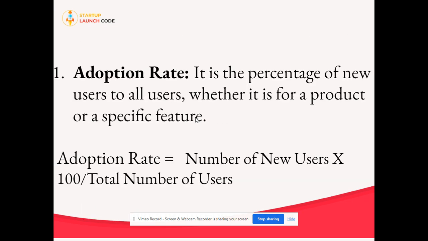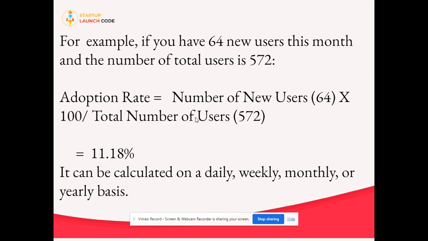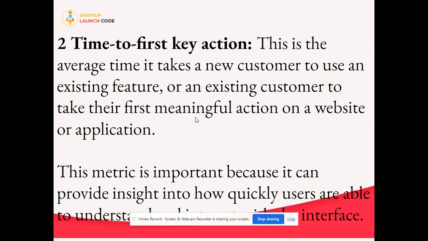So let me just take a rewind. The first important metric is the product adoption rate, which is the percentage of new users to all existing users. Then the second important metric is the time to first key action, which is the time it takes for new users to perform the key action in your product, or the time it takes for existing users to use a new feature. So you need to take note of that metric as well.